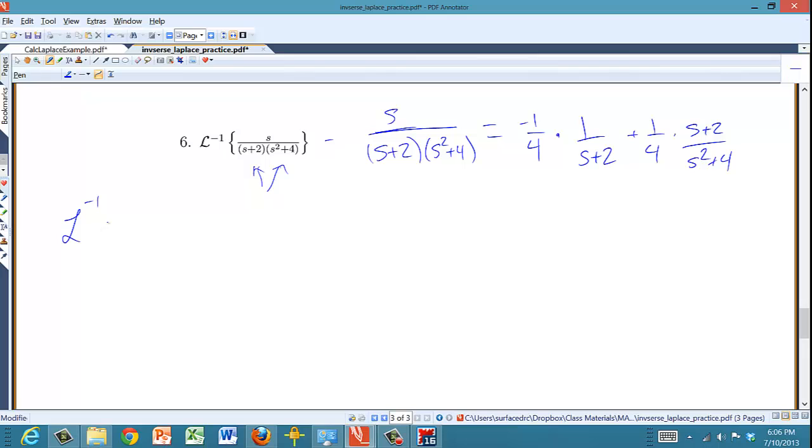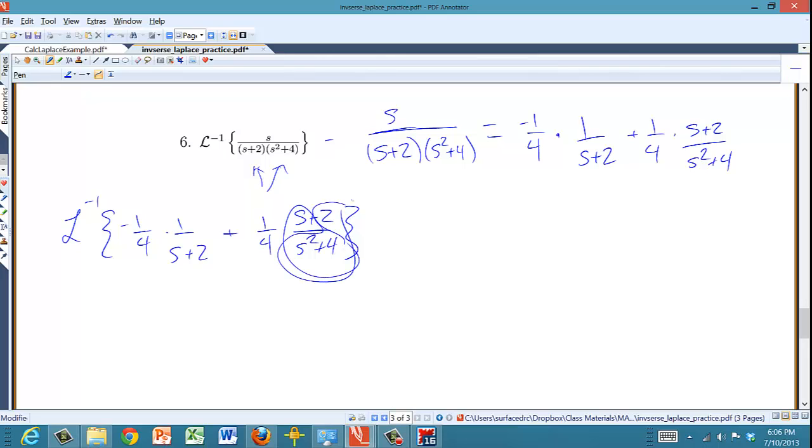So here's what I'm left with. I want the inverse Laplace transform of negative 1/4 times 1 over s plus 2. That shouldn't be any trouble to inverse Laplace transform. Plus 1/4 times s plus 2 over s squared plus 4. And that part I'll need to break into parts. I'll break off this term and I'll break off that term.